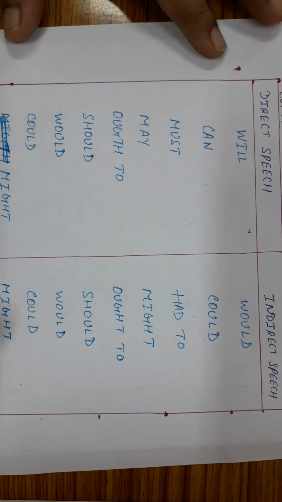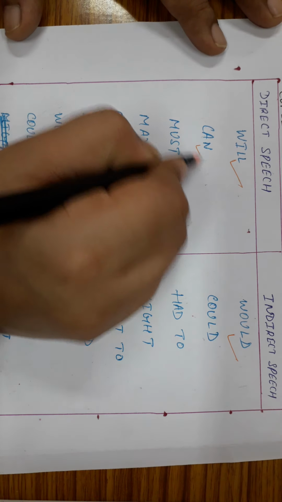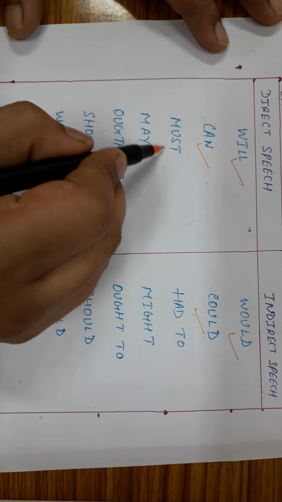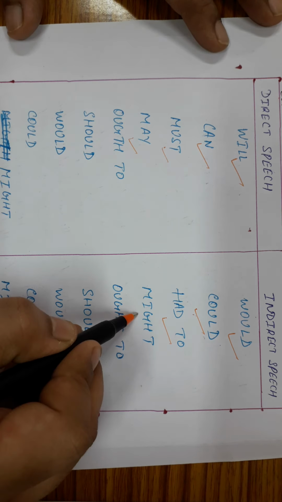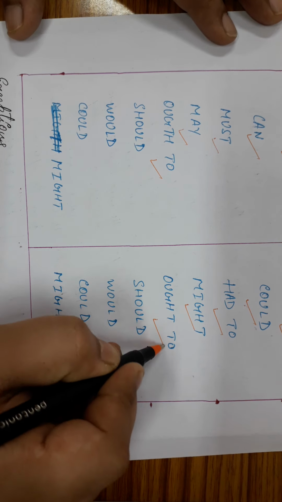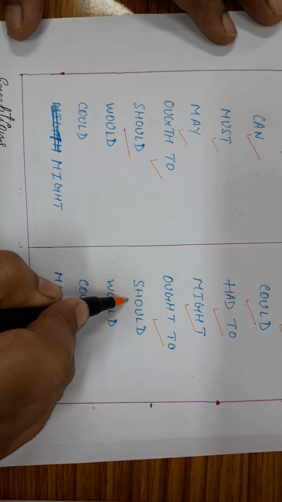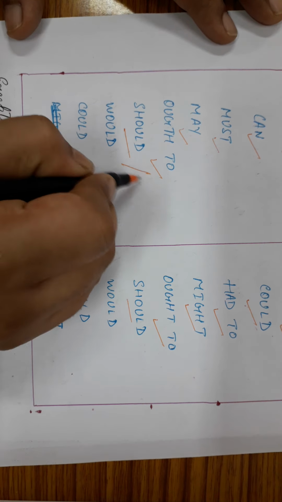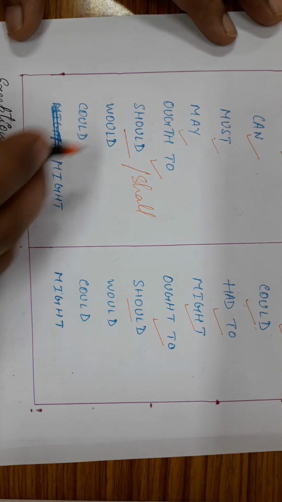How? Like will becomes would, can becomes could, must becomes had to, may becomes might, ought to remains ought to, should remains should, or you can write shall also, shall becomes should.